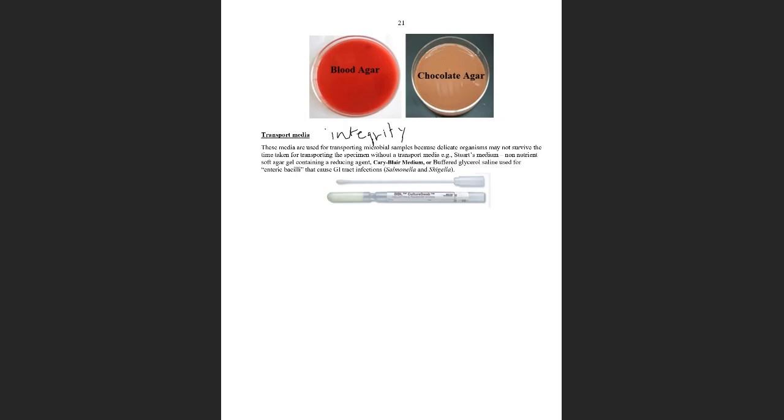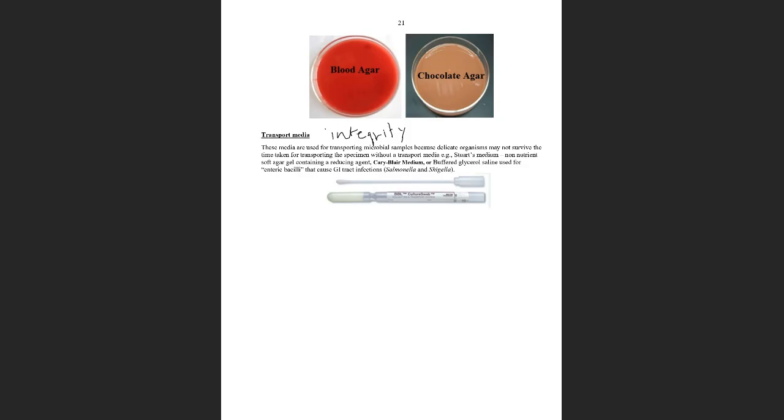The list of transport media is long. There are specific ones for specific purposes. There are different ones used for anaerobic bacterial collection. Remember, anaerobes will die if you expose them to oxygen. So transport media vary based on the purpose, and I'm giving you some examples here.